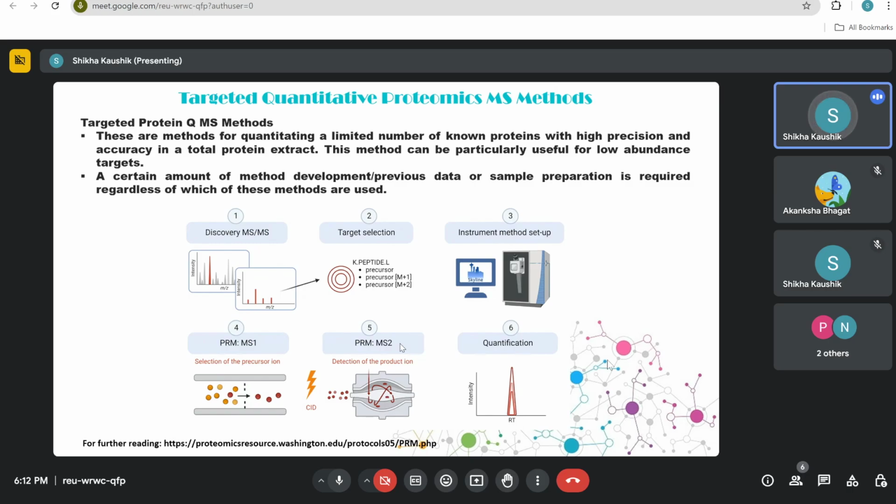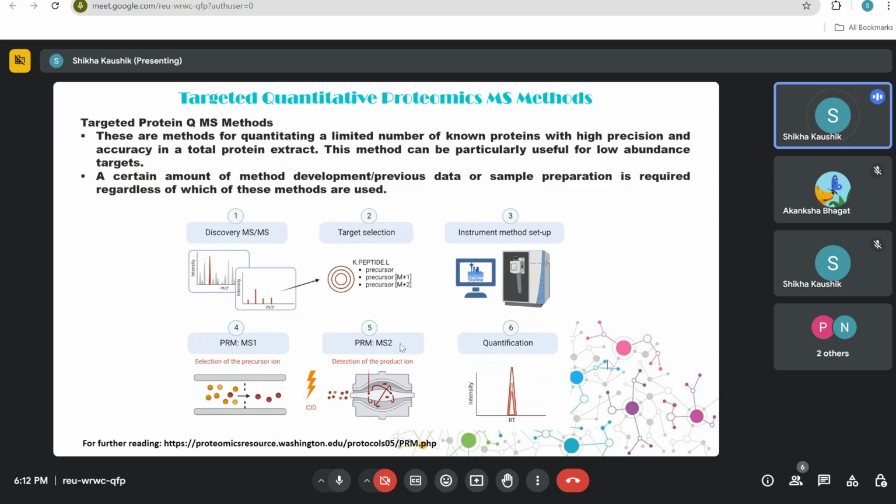So here they have given you detail about PRM, which is parallel reaction monitoring, and likewise you have SRM. We'll discuss this in detail, but for now, the things that you have to keep in mind while doing any proteome data are, first, understanding the kind of samples you're going to use.